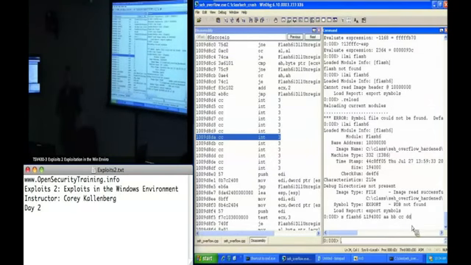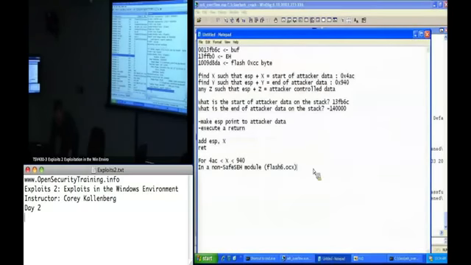I want you guys to try to figure that out as well. So the command to search Flash is, I'll put this in that notepad file too for you guys to have.